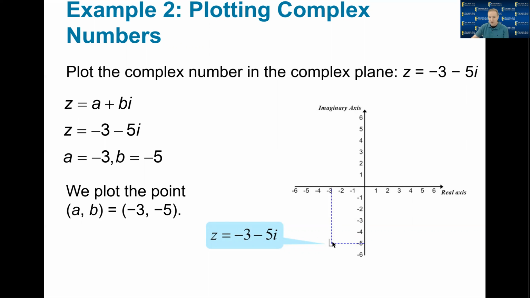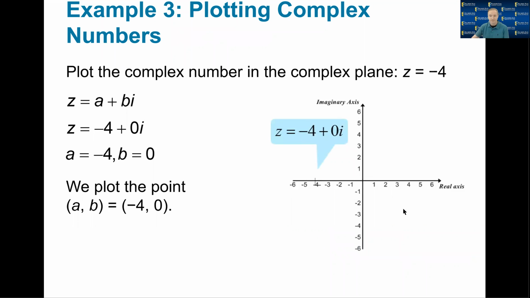You would plot your complex number, it has real and imaginary components. You would plot your complex number, Z is equal to -3 minus 5i, right here, it'd be in quadrant 3. And again, you could draw a line to it from the origin. I did that quite often in the homework problems. It doesn't have to be there, but it can be.